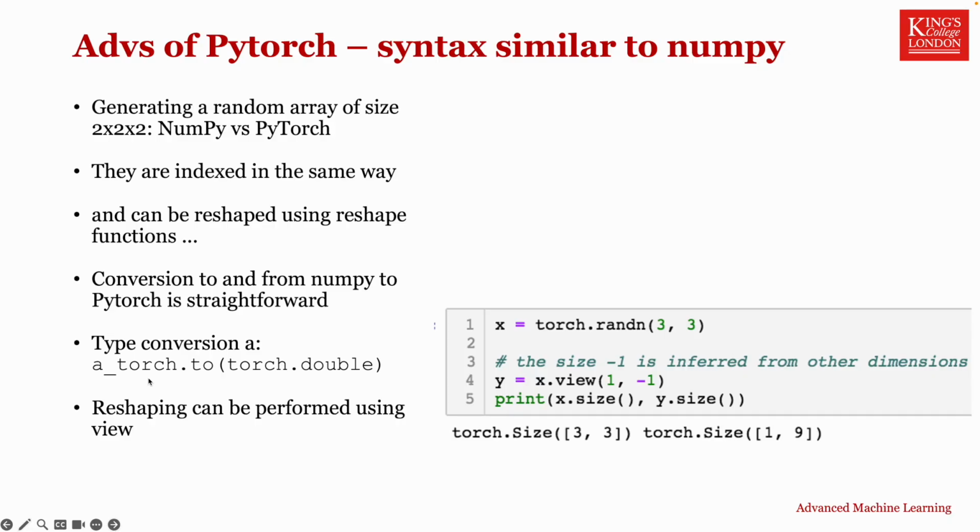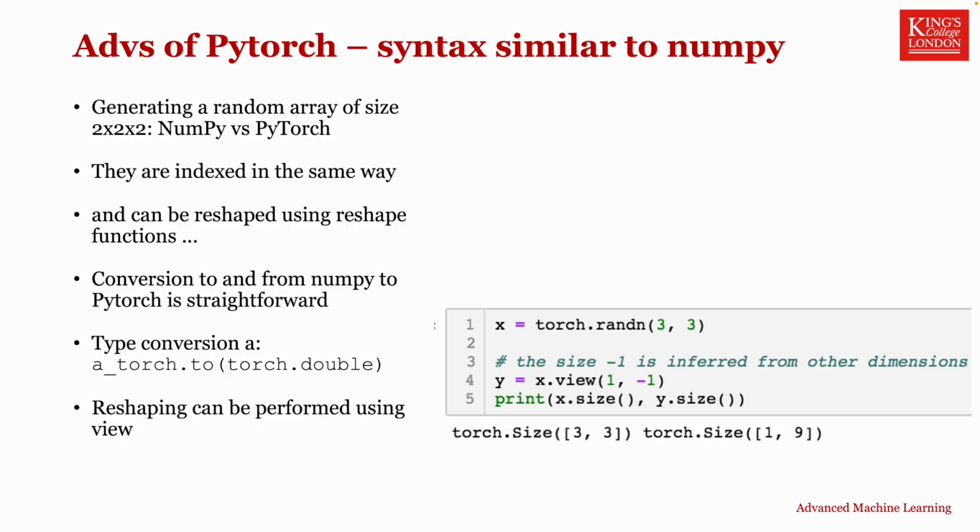Here, I'm showing an example of type conversion. So in this case, changing the tensor type to double using A_torch.to and then passing it the argument type torch.double. Finally, torch offers another option for flattening tensors using view. So here, the -1 tells it to infer the length of this dimension from the total size of the array.